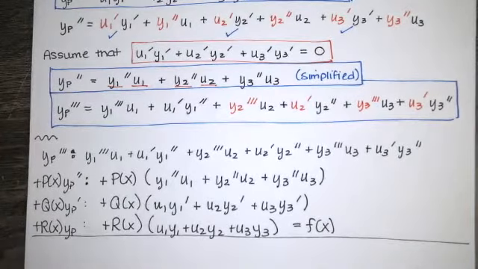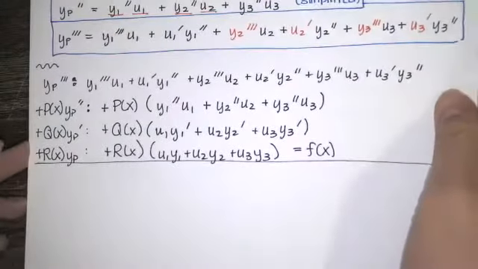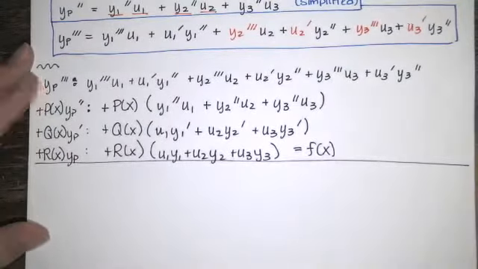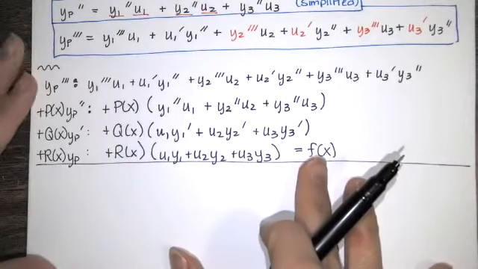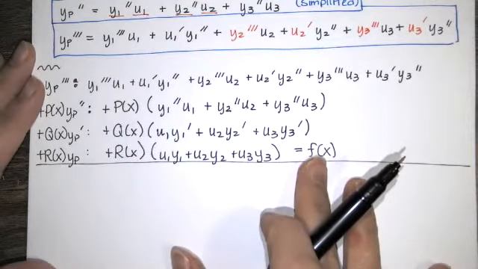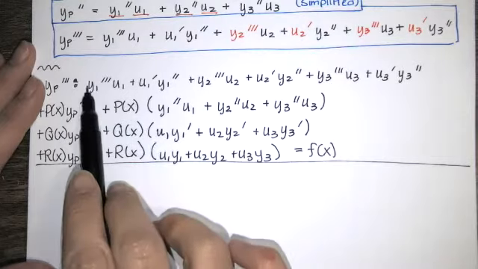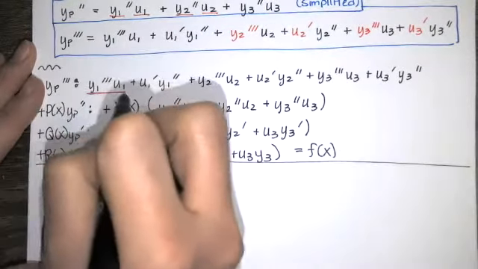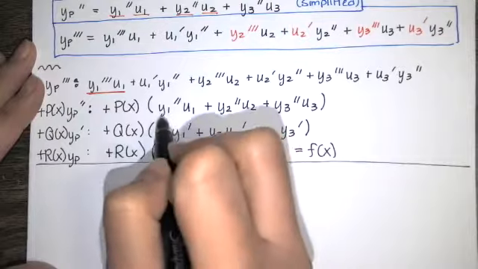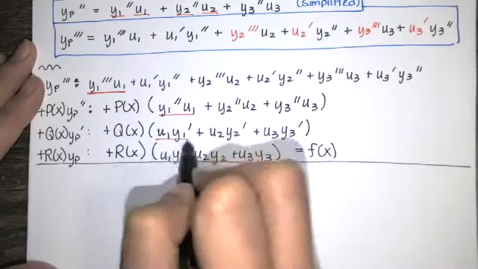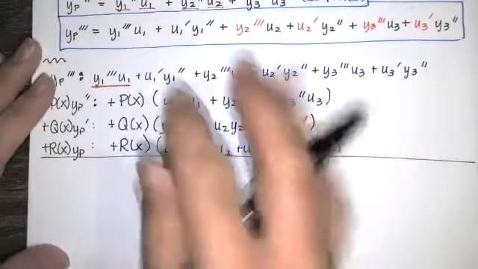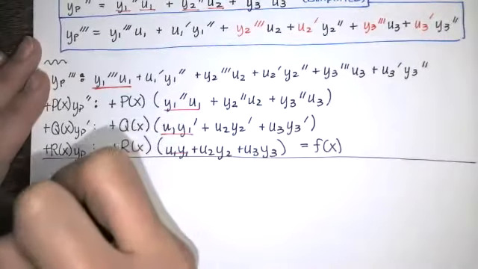So we're here now, and we want to group terms involving u1, u2, and u3. I'm looking for terms that just have a u1 in them. And it looks like I've got one right here, and one right here, and one right there, and one right there. So I'm going to group these, and I'm going to factor out the u1.